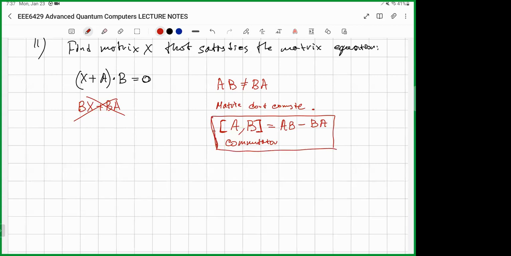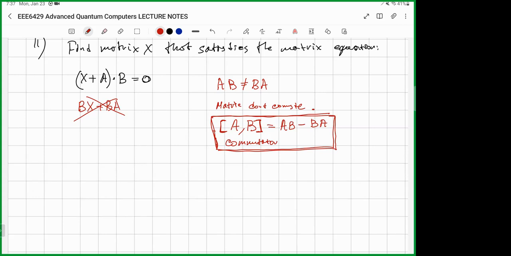If this commutator is equal to 0, the matrices commute. And in this case, it doesn't matter which matrix goes first and which is second.